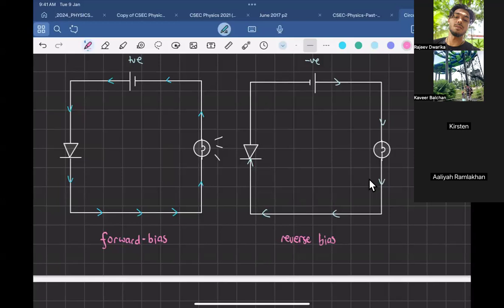Oh, because you're going from negative to positive. No, that's not what I want to hear. Aliyah, take a crack at it.